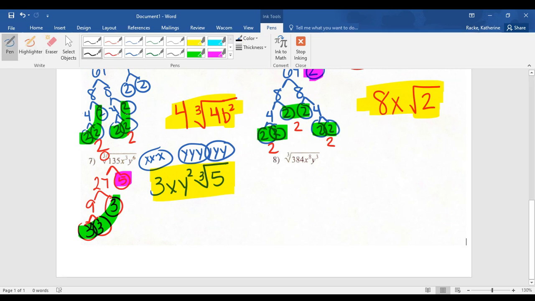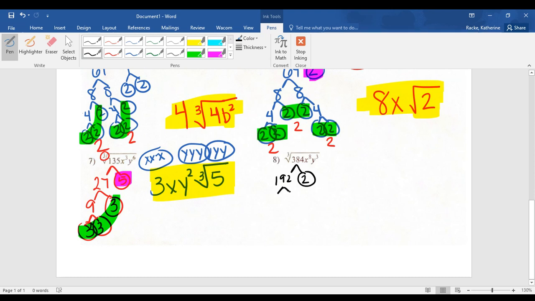All right, number 8, I have the cube root of 384 x to the 8th, y to the 3rd, looking for groups of 3. Okay, 384, I know is an even number, which goes into 192. Okay, you can try to find bigger numbers that go into 384, or you can just keep dividing everything by 2.